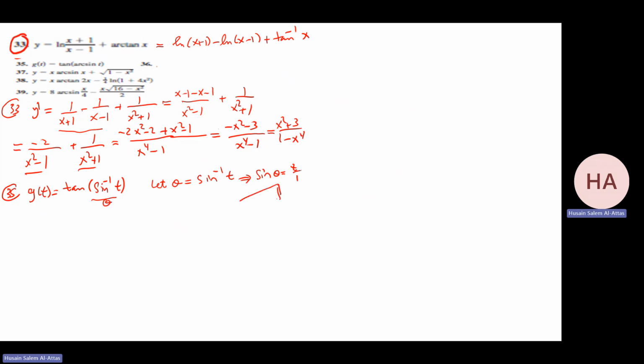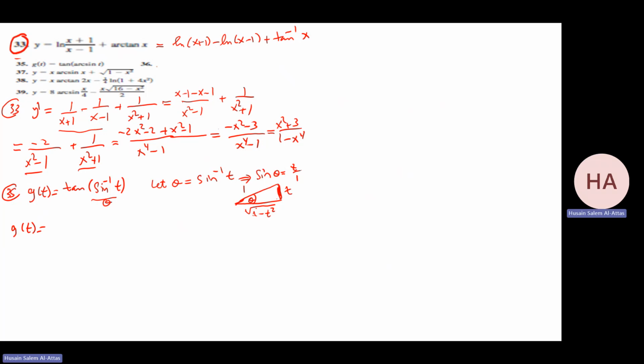So with the triangle, so this is theta. Sine is t over 1, opposite over hypotenuse. So this will be what? Using Pythagorean theorem, that will be 1 minus t squared. So g of t equal what?